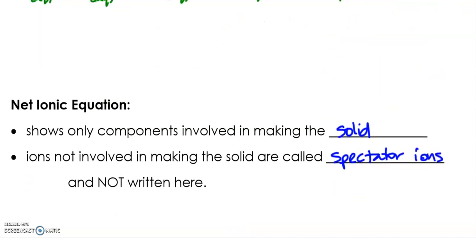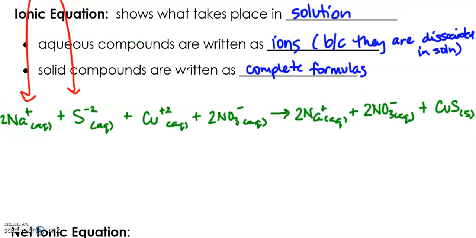I'm going to look back up at my ionic equation and see what is the same on both sides. I have 2 Na plus on both sides. That means it's a spectator. It stayed the same, it didn't change, so I am not going to write that when I do my net ionic equation. So what else stays the same on both sides?